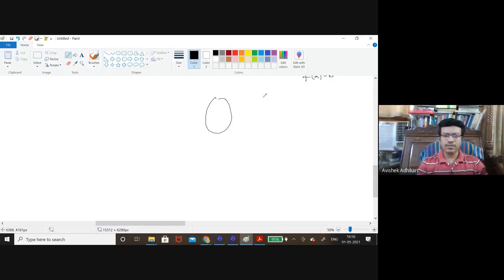Let us consider a very simple example. Say this is my Z, the set of all integers, and this is my Z, the set of all integers. I have a function f defined by f(x) equals 2x for all x belonging to Z.